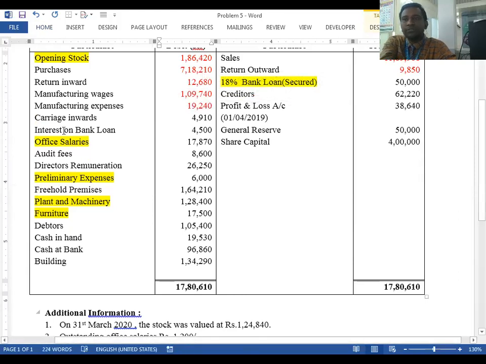Then carriage inward. Carriage inward is transferred under purchases of stock in trade. Carriage inward 4,910.